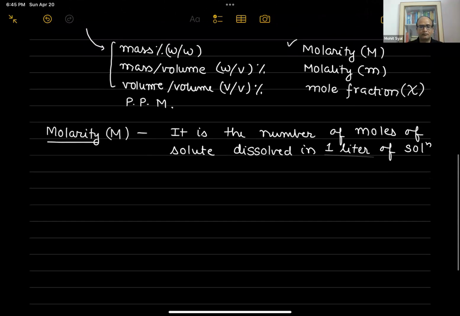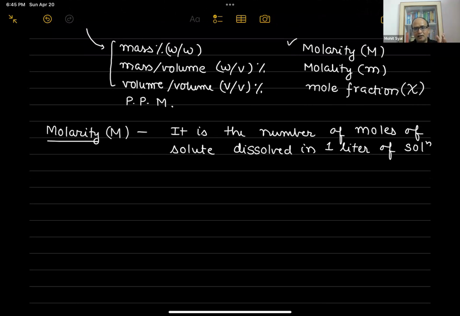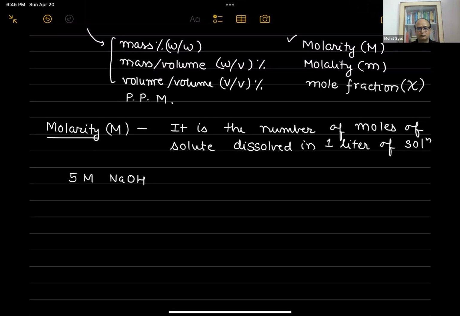That is molarity. And you might have seen it written as 5 molar NaOH. What does it mean? 5 molar NaOH means molarity is 5.